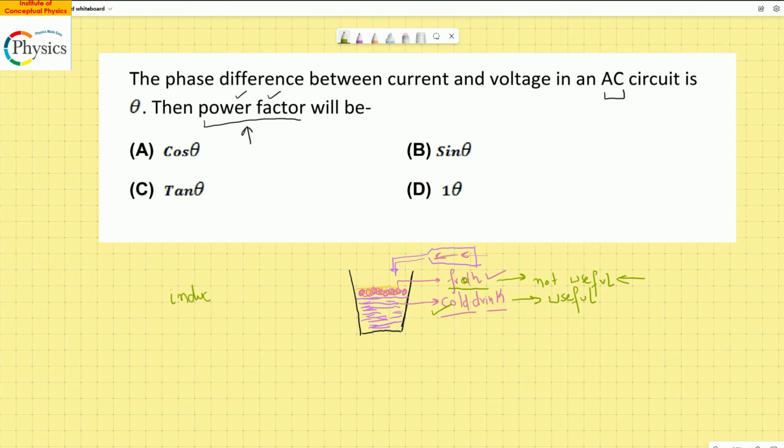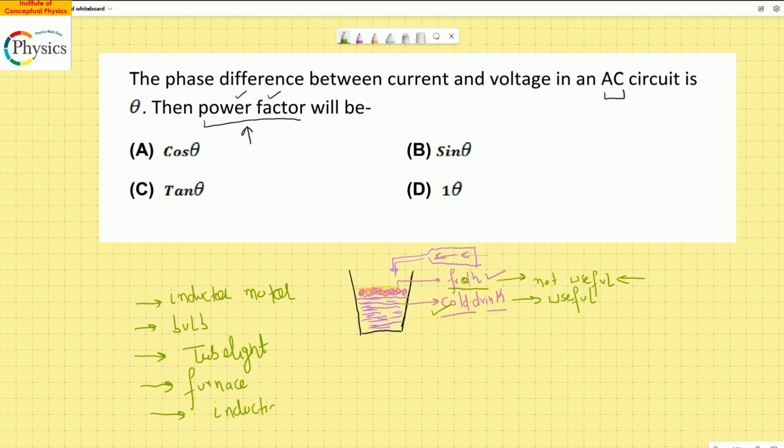Your house also has a bulb, and a tube light, and there is much more equipment in the house. In factories you have a furnace, an induction furnace. Nowadays you have an induction cooker in the house too.